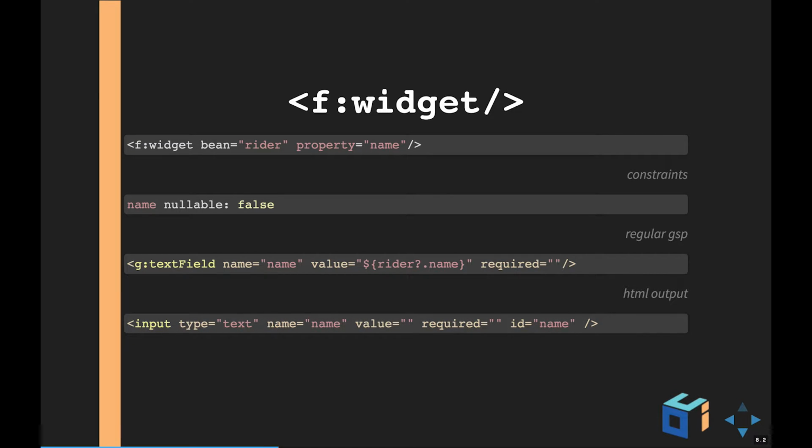And that will, in the end, result in this HTML output. In HTML5, that will make sure that if you try to submit your form without that field filled out, the browser will not even allow you to submit, so it won't even do a round trip to the server.